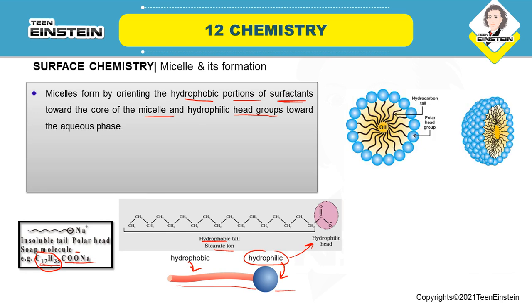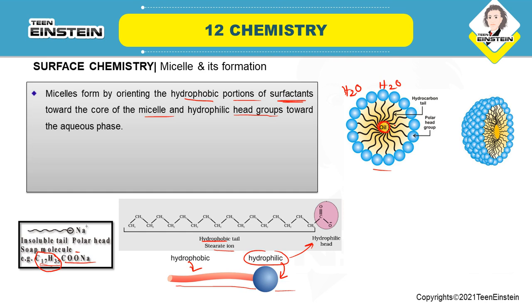See, this is the picture. Here all the tails are on the opposite side from water, because outside we have water. This is the picture when you are looking at it directly, and this is the side picture. Now if there is water as well as oil and you add surfactant, the oil will be attracted towards the tail, because oil is non-polar in nature, not like water.